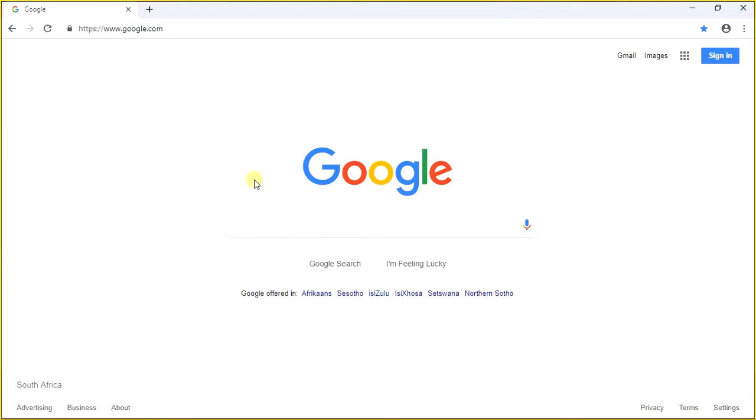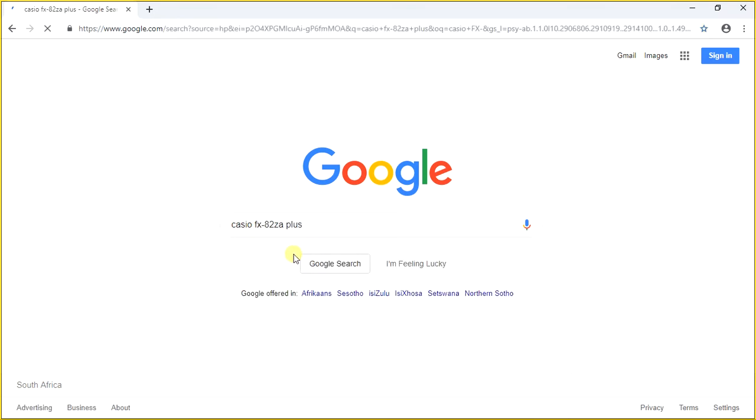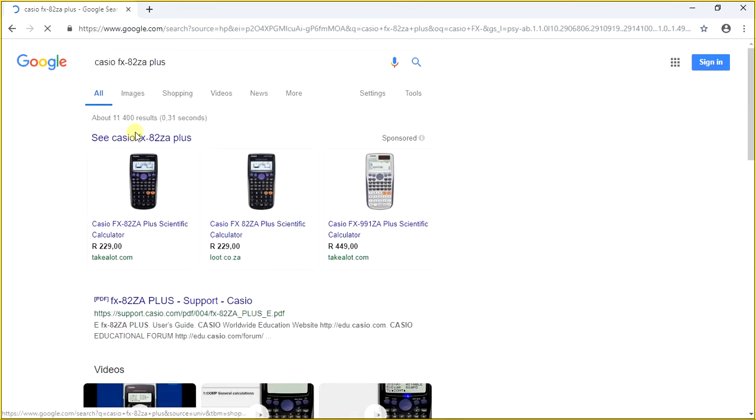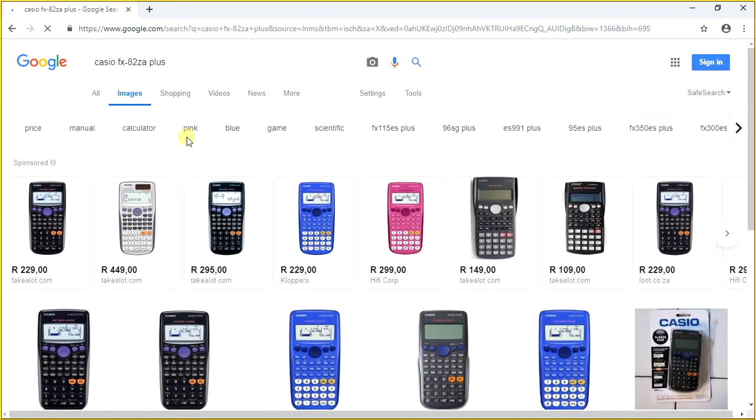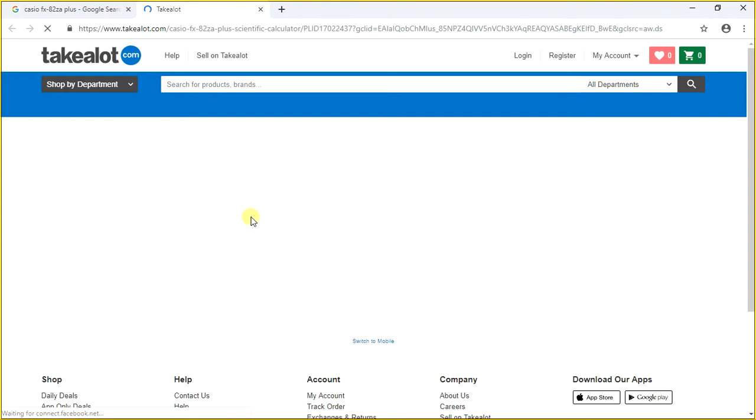It's the Casio, and in the top corner the model is the FX-82ZA Plus. Yes, correct. That one exactly. Let me blow up the picture a bit bigger so I can see what buttons you can press.